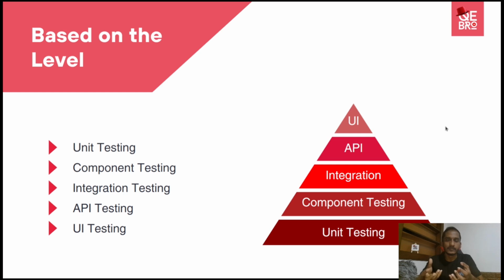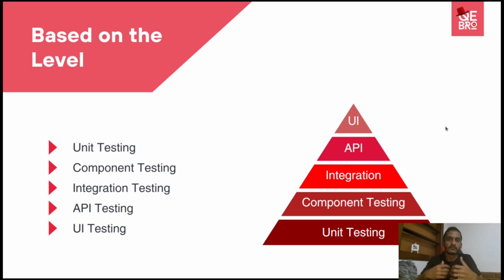We have a very small unit. Using multiple units, you can create a small component. Then using a few different components, you can create one large component. Using this, you can create some useful or meaningful figure.